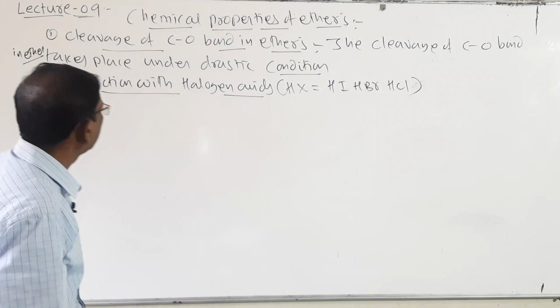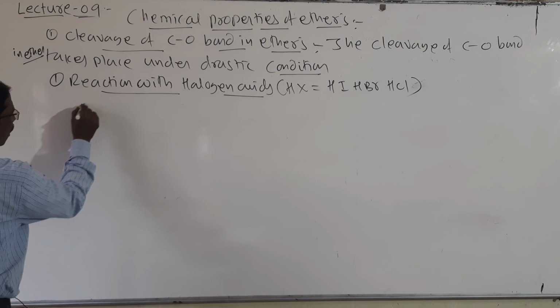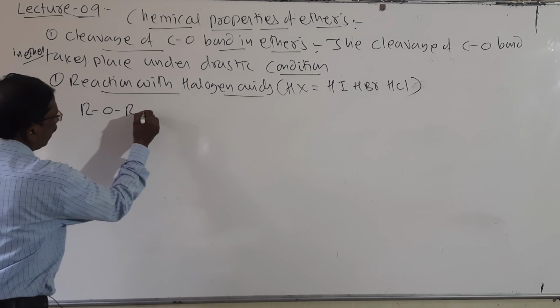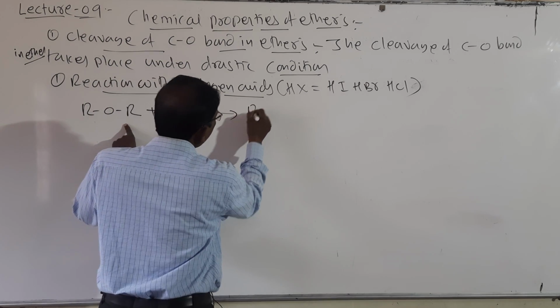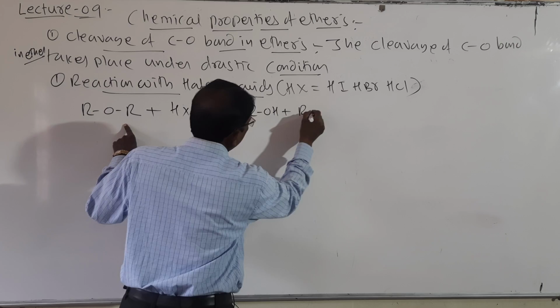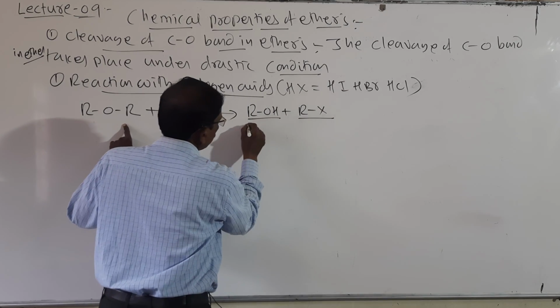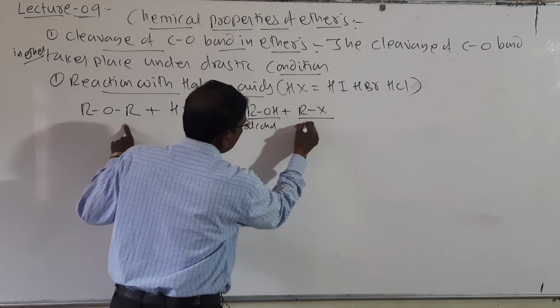Remember students, I will first write a general reaction. ROR, when treated with HX, forms ROH, alcohol, plus alkyl halide. Look here, it is alcohol and it is alkyl halide.